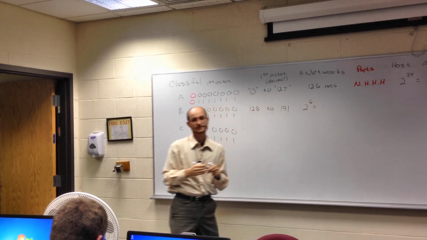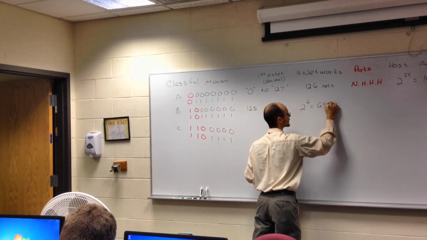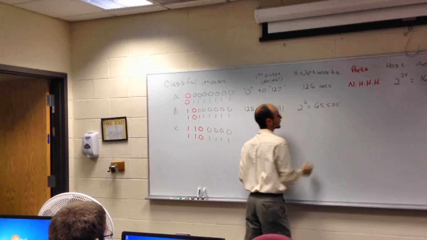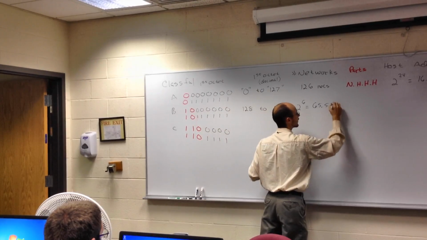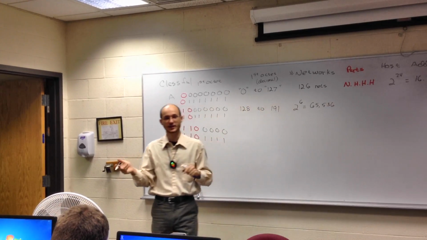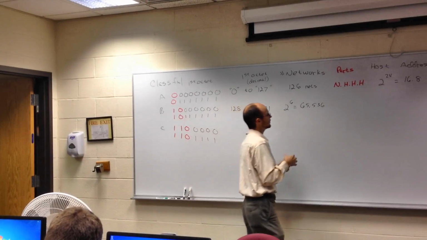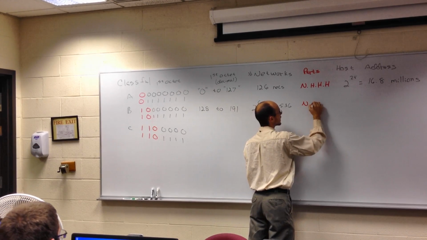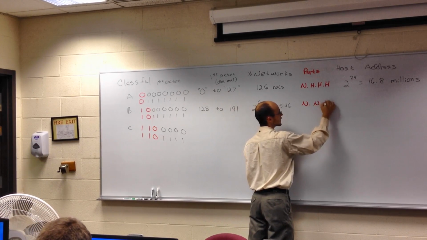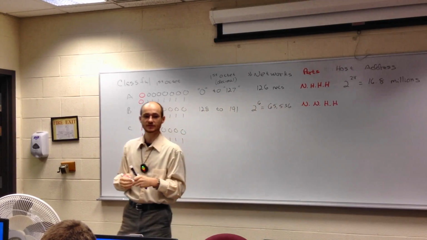And what do I get? 65,536, technically. Because I go from 0 to 65,535, correct? What about the parts that make up a Class B address? We have a network, dot network, dot host, dot host. So it's almost a 50-50 split. We good about that?